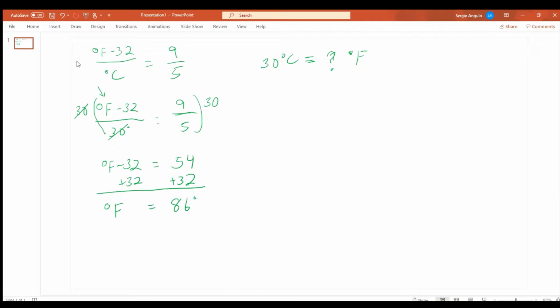So it's a nice warm day, right? 86 degrees Fahrenheit is a nice warm balmy day around here. So that's what 30 degrees Celsius is. You don't have to worry about them needing a jacket that day. You would probably use shorts and maybe no sweater, and you'll be fine. Okay, so that's example number 1.